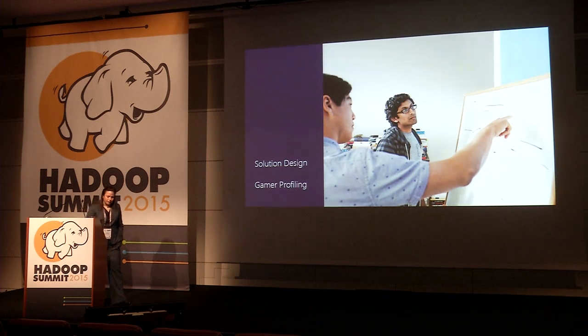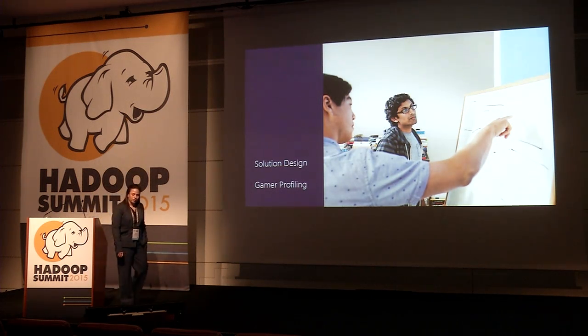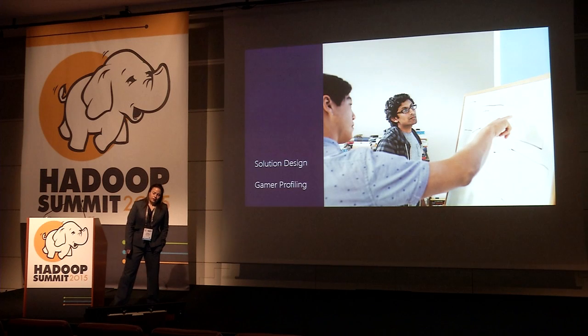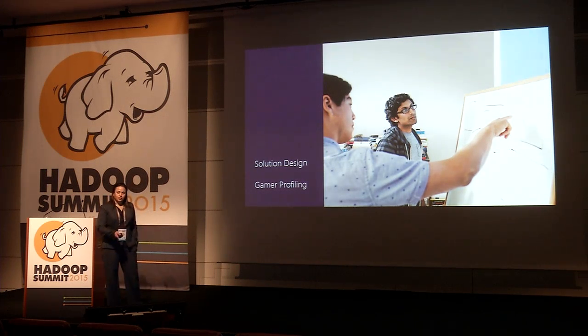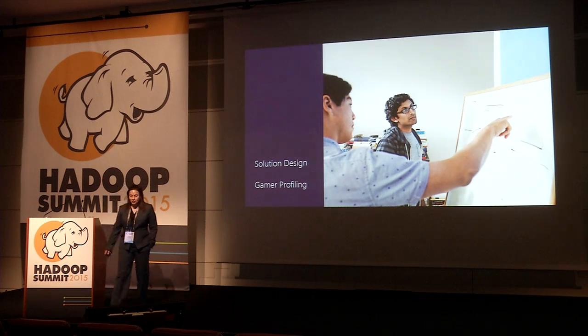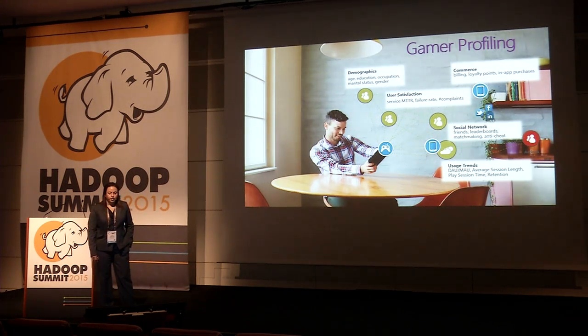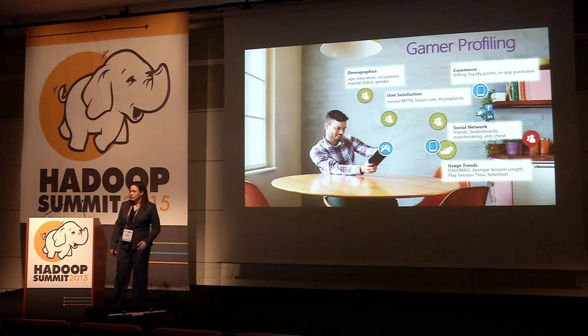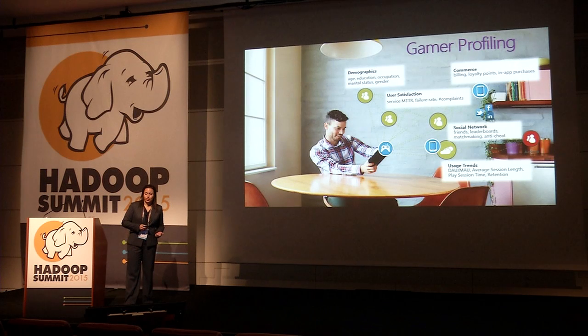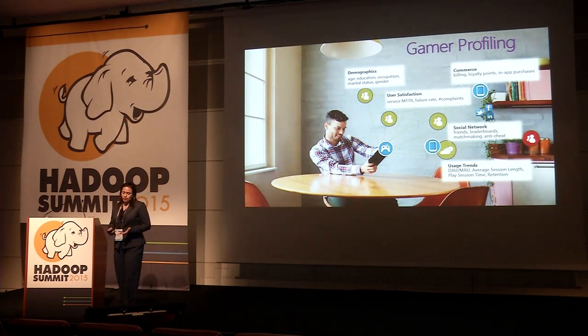So we sat down to sketch out what our problem and our solution were. This is obviously not Tyrone and I, but some guys sketching out a design. So we looked at, first of all, what kind of data do we have at hand? We have demographics that users may or may not provide: age, education, occupation, those kinds of things.